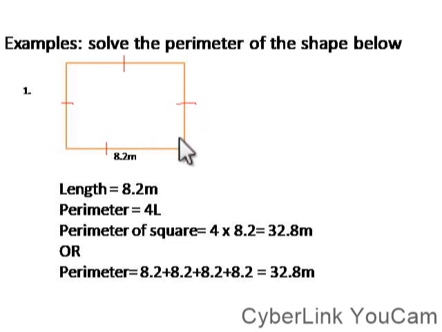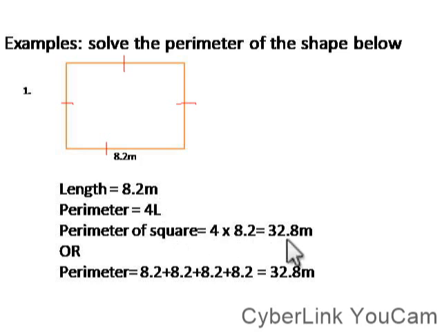Then to find the perimeter of a square, the length is given to us as 8.2 meters. And we already know that the perimeter of a square is equal to 4 lengths, or 4 times length. Then perimeter of a square is equal to 4, we already have 4 there in the formula, times the length, which is given to us as 8.2.